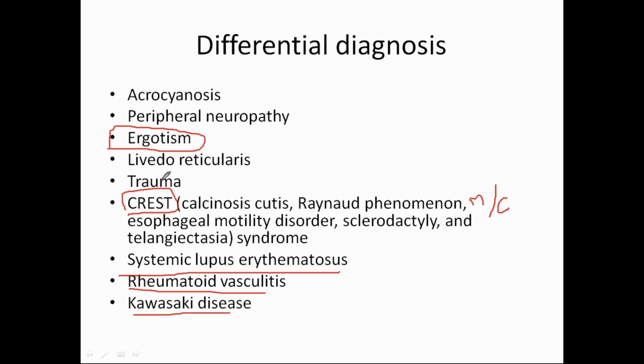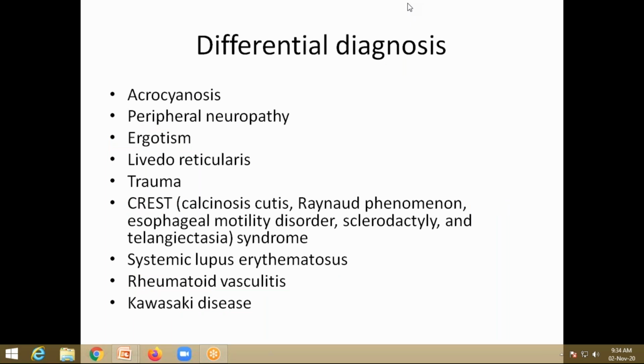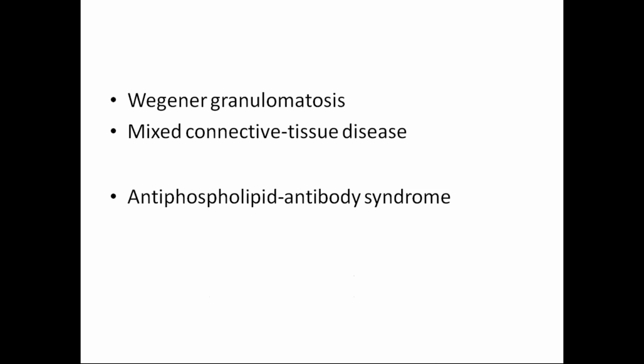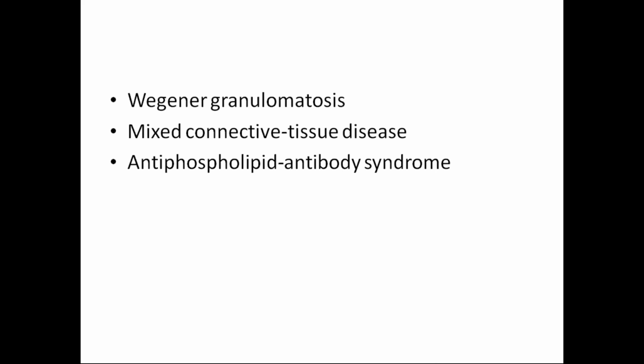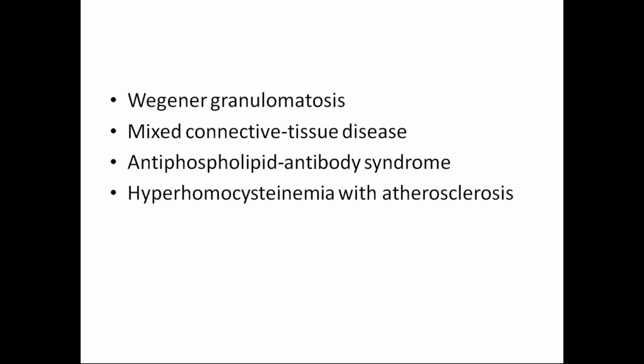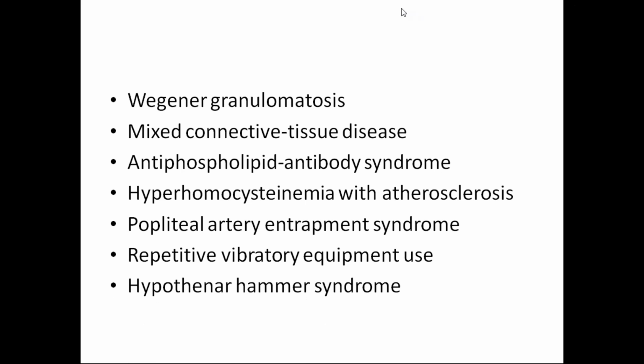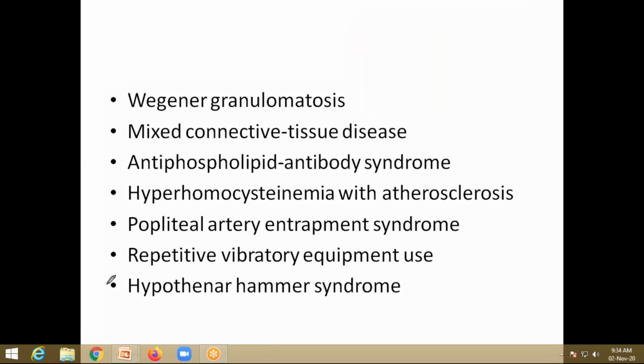Others are trauma, acrocyanosis, peripheral neuropathy, etc. Others are Wegener's granulomatosis, any connective tissue disease, antiphospholipid antibody syndrome, hyperhomocysteinemia with atherosclerosis, popliteal artery entrapment, repetitive vibratory equipment use, especially in the upper limb. This is again a differential diagnosis.